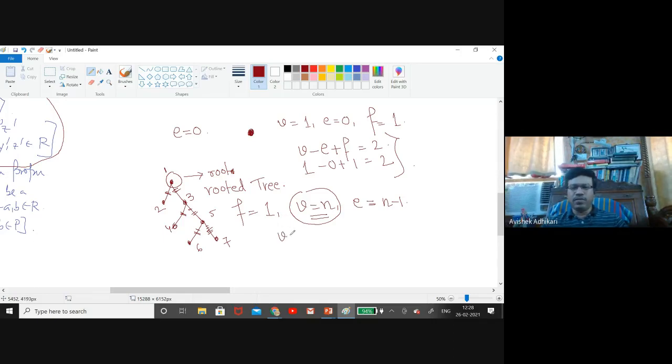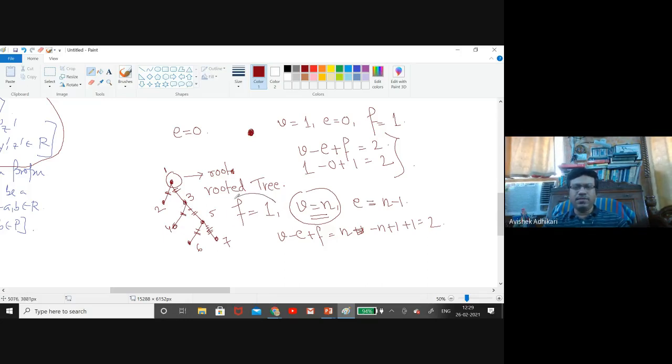So v minus e plus f equals n minus (n minus 1) plus 1 equal to 2. If this is a tree with n vertices, then the number of faces will be 1, because only the unbounded region is there, no bounded regions within this.